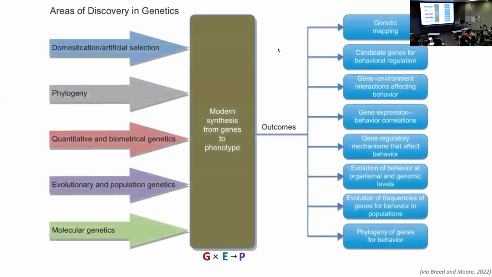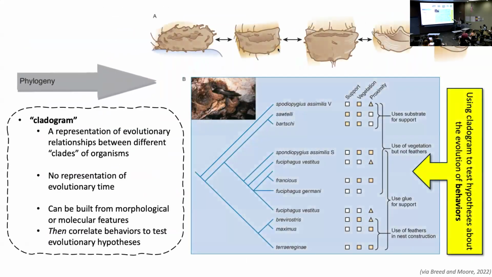Okay, so that chapter we talked about, oh, there's a cladogram. This is a nice example: in this case, we've got a bunch of birds with these different traits, these different ways of building their nest using glue or whatever.